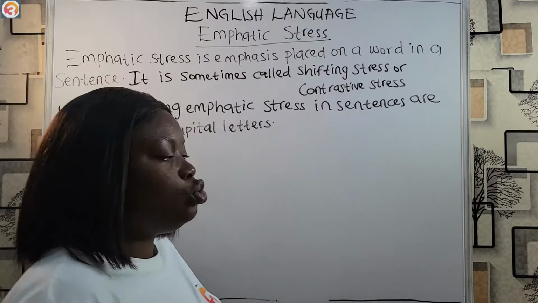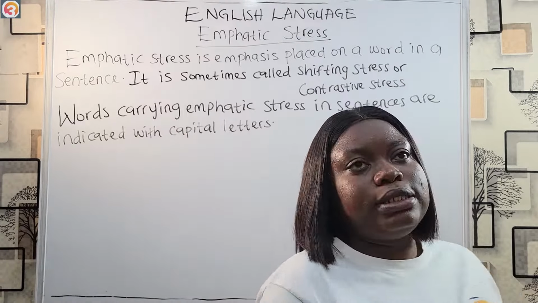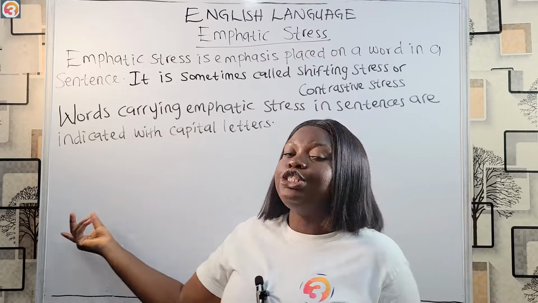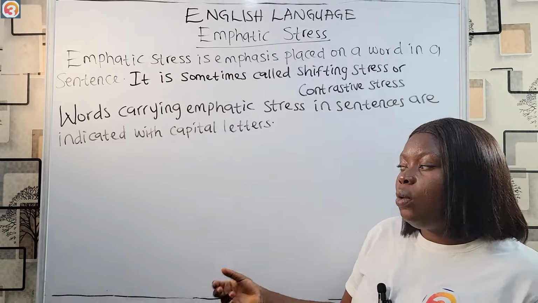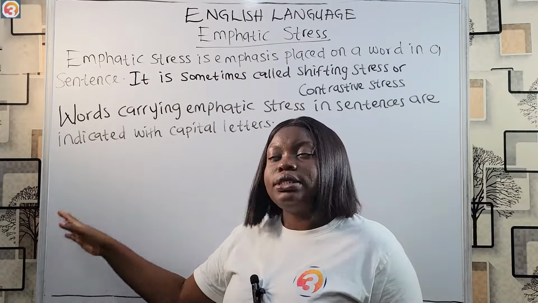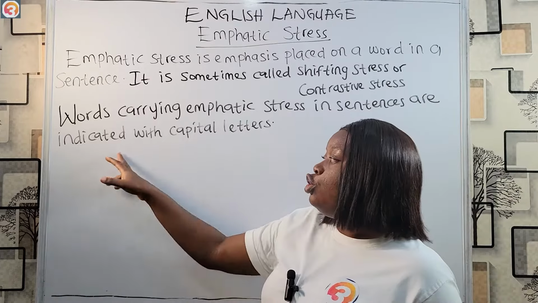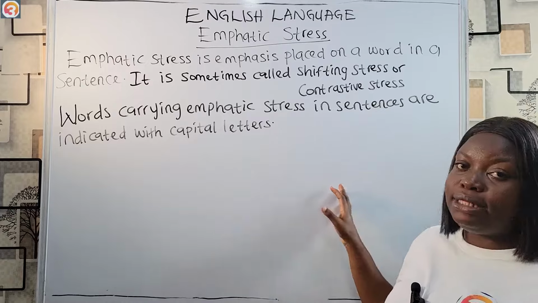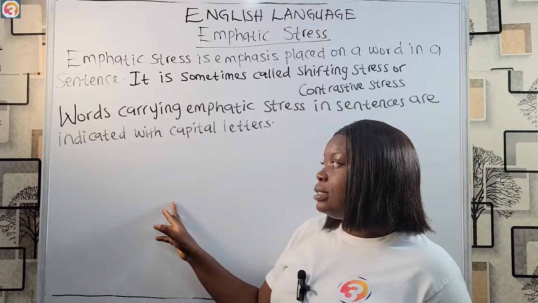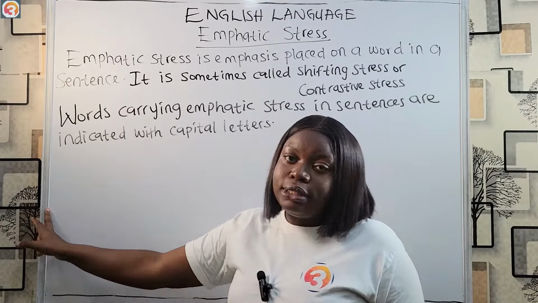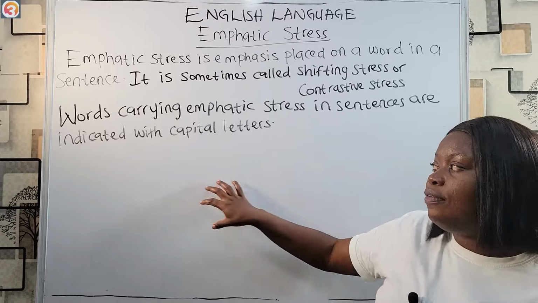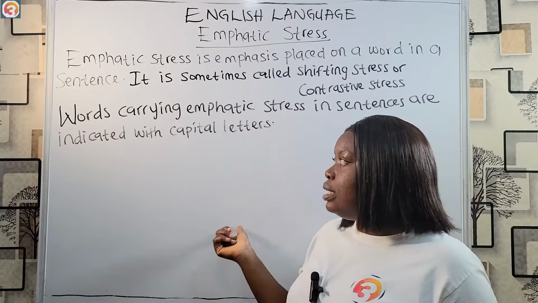In sentences, to show that a word in this sentence is carrying emphatic stress, you write the whole word in capital letters, whether the word is at the beginning of the sentence, at the middle, at the end, wherever its position is in the sentence, you write it all in capital letters. So that tells you as a student that this word is carrying emphatic stress in this sentence.